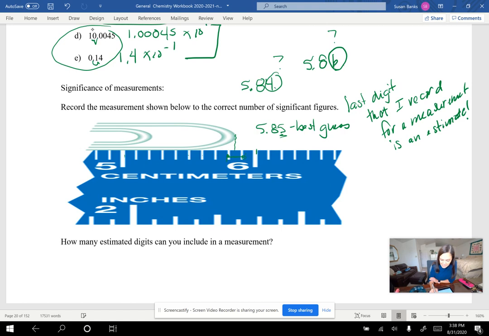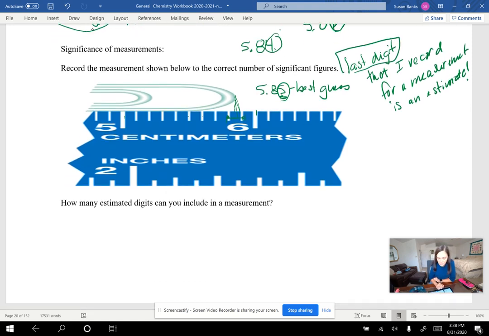That last digit is always going to be an estimation with your last measurement bars that you have, and you're going to be trying to guess in between them. Okay? So when we look at this, we can only estimate that last digit. So how many estimated digits can I include in a measurement? Just one, and it's always the last digit.